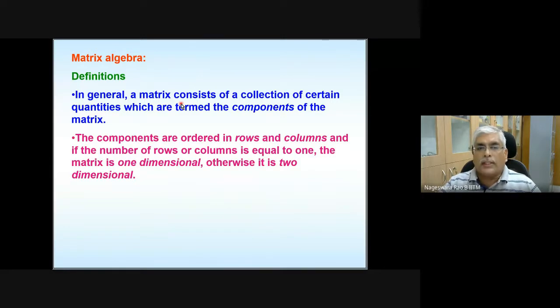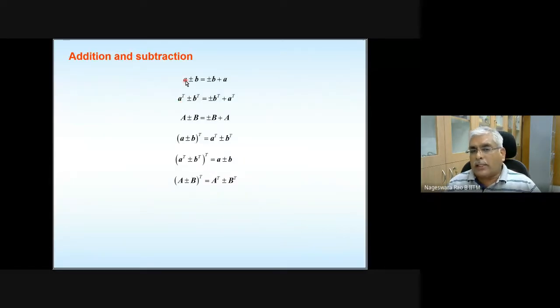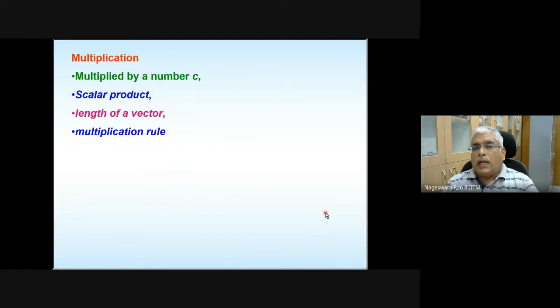You can go through this, and also addition, subtraction of matrices, vectors and matrices, multiplication by a number, scalar product, the length of a vector, and the multiplication rules applied to matrices and vectors. You just go back and revise all this.